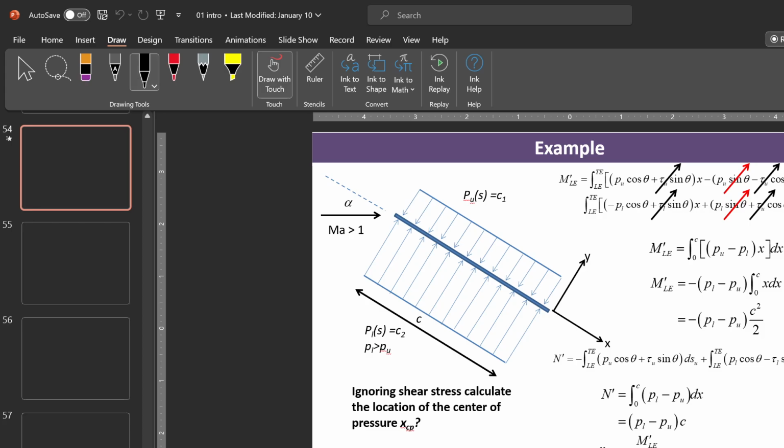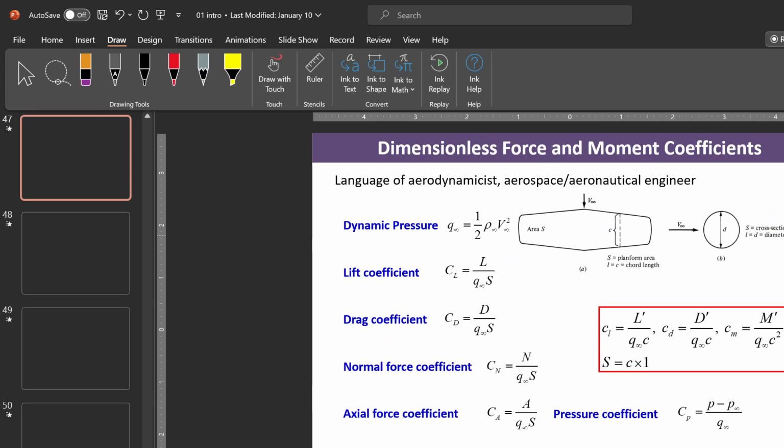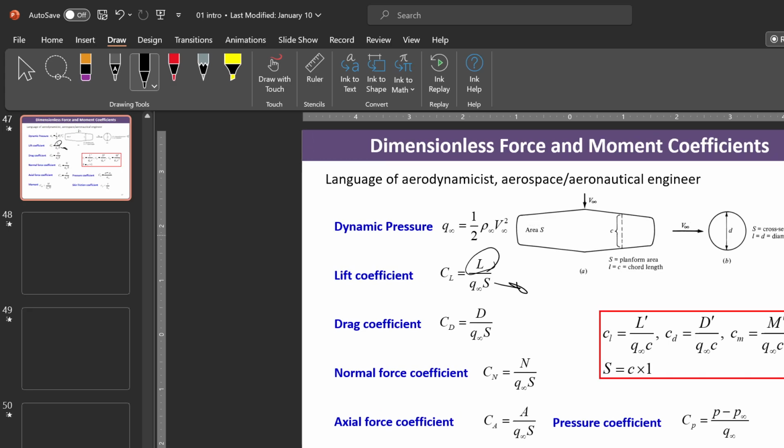This is our lift, and we divide it by the dynamic pressure multiplied by the area to calculate the dimensionless coefficient, which is called the lift coefficient.